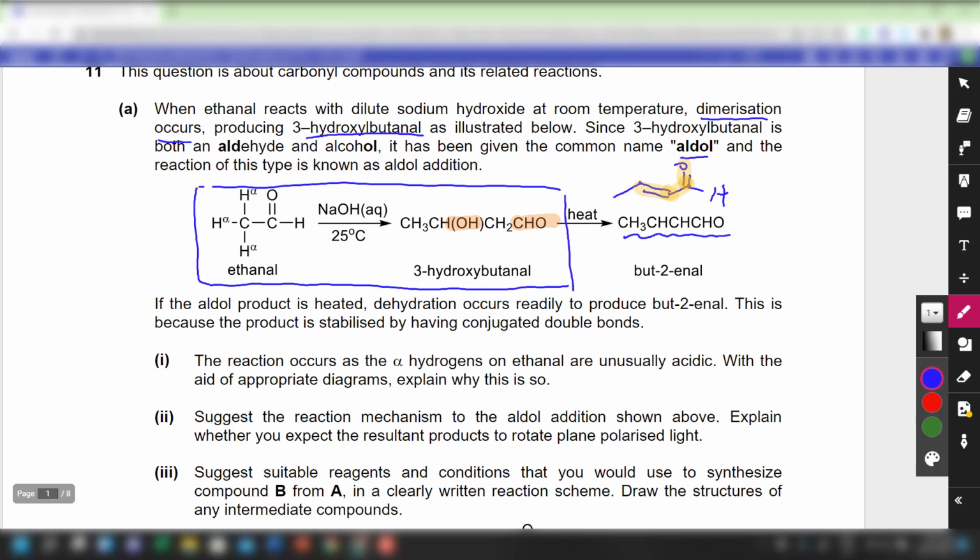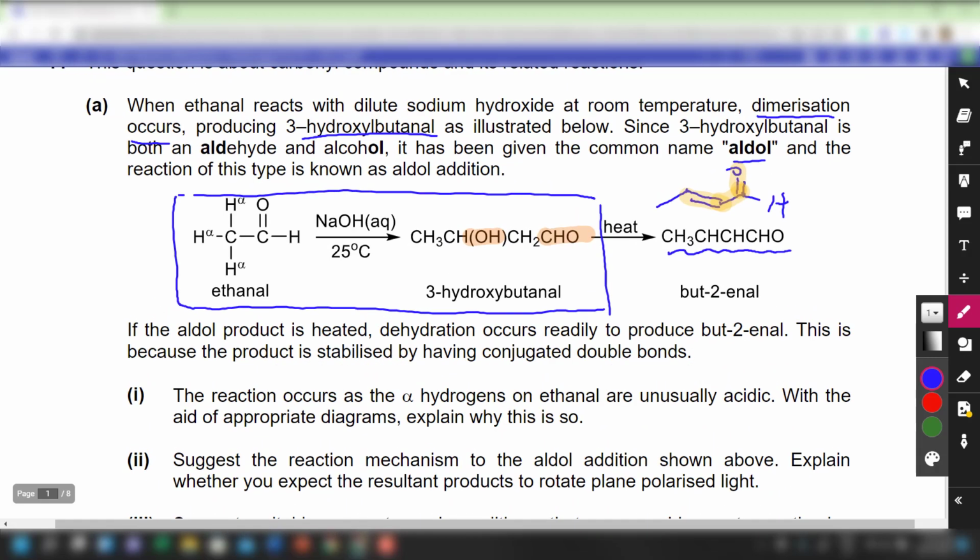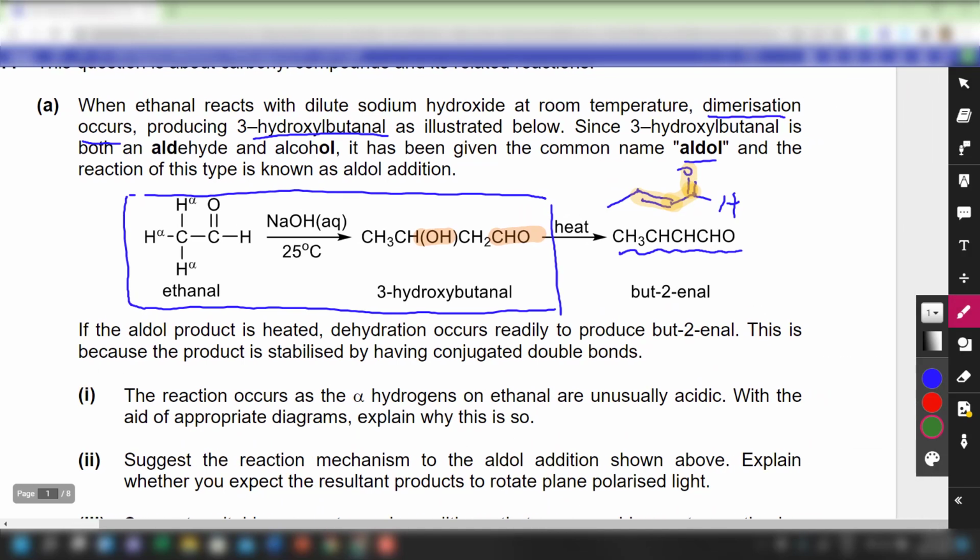If you read ahead from university texts, this is known as an alpha-beta unsaturated carbonyl. Okay, if you're interested, you may want to read up a little bit more about alpha-beta unsaturated carbonyls as well as the aldol reaction as part of your own academic enrichment.